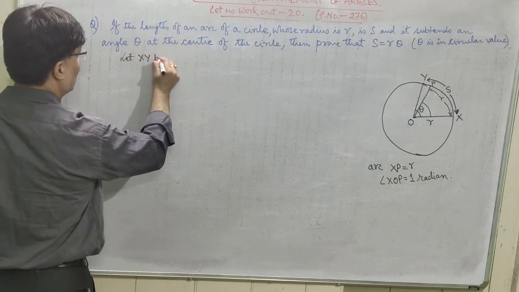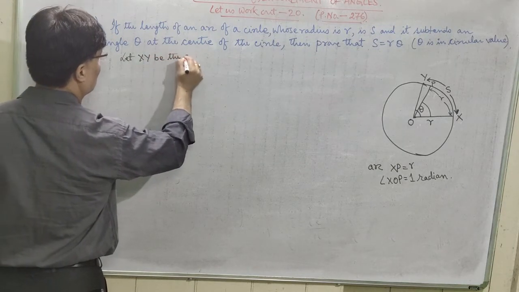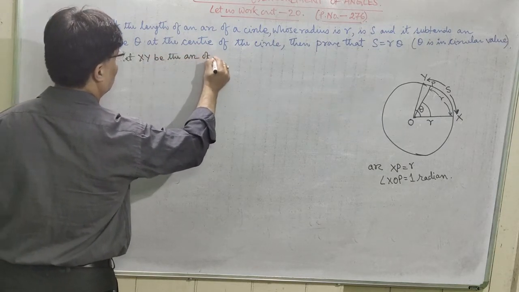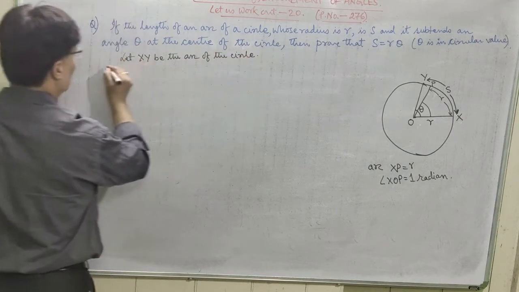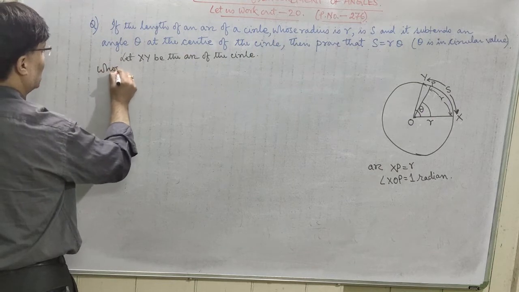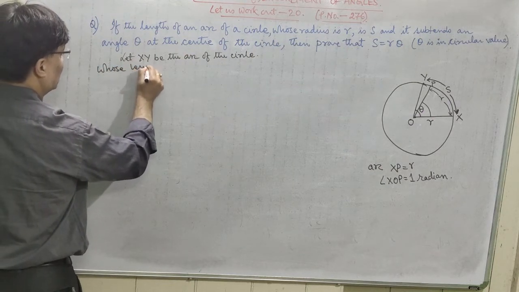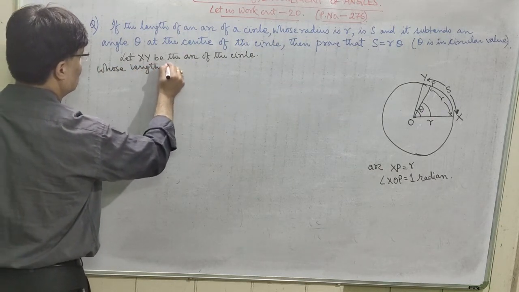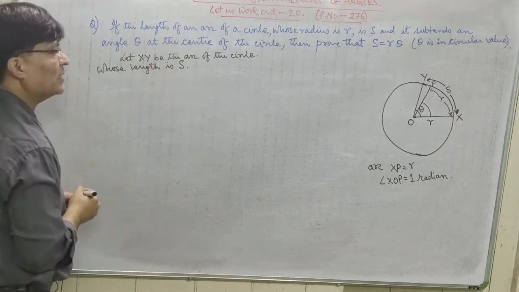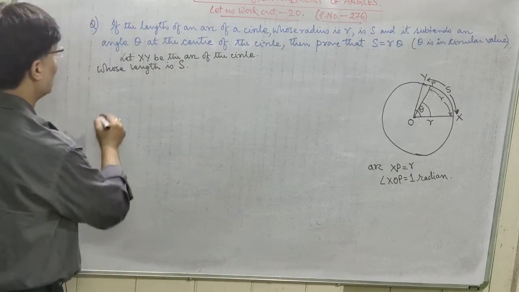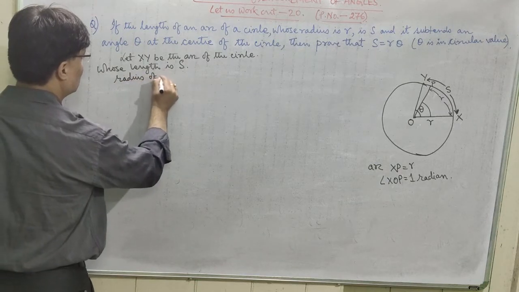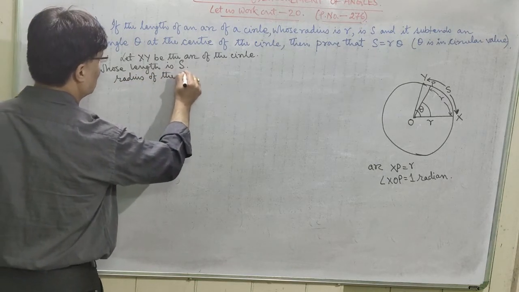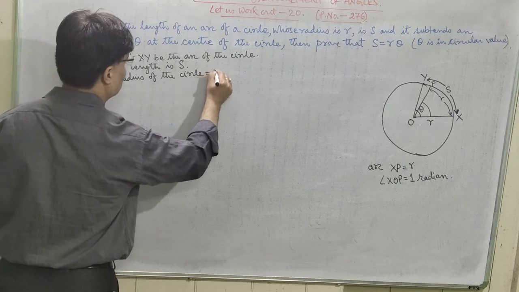So let XY be the arc of the circle whose length is s, and the radius of the circle is equal to r.